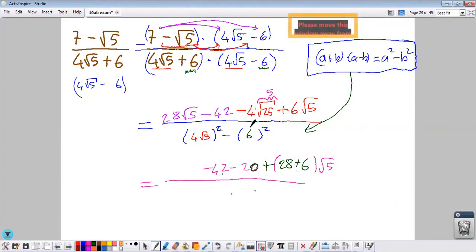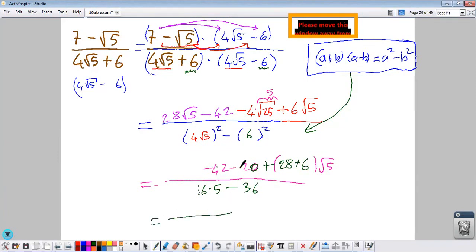And in the denominator, this power 2 for both numbers. Be careful. 4 power 2 is 16. Square root 5 power 2 is 5. Sometimes you write here 4 times 5 and forget 4 power 2. Be careful. Then 6 squared is 36.